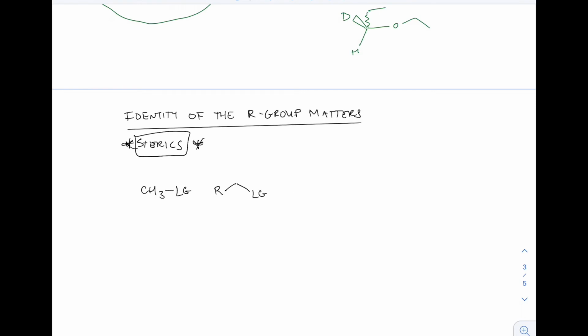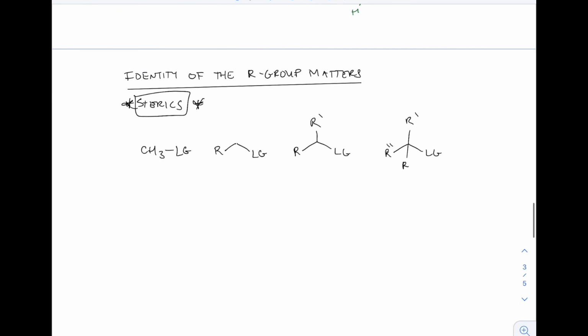So let's say we have a methyl group with a leaving group, or we have these other alkyl groups with leaving groups on them. We can classify them as basically a methyl, a primary, secondary, or tertiary alkyl group with the leaving group.